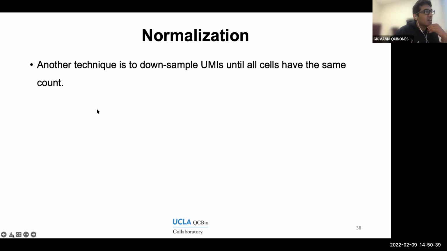Another technique to do that would be to downsample UMIs or RNA molecules until the cells have the same count. This is a little less conventional, though I've definitely seen people do this, but there is also the issue that if you're removing UMIs, you're losing power, right? You're losing the amount of data that you usually want to preserve.